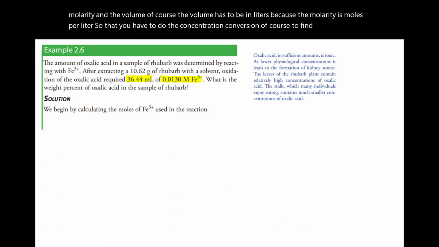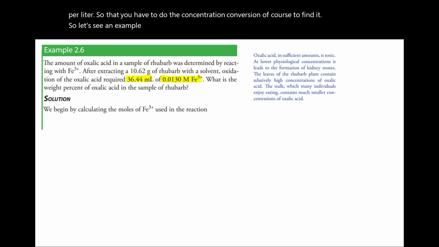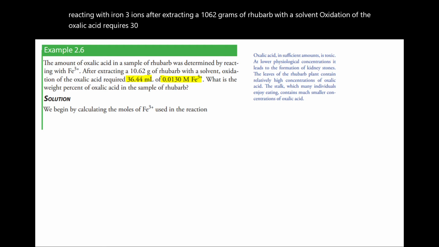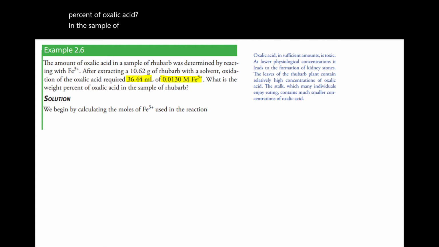So let's see an example here. The amount of oxalic acid in a sample of rhubarb was determined by reacting with iron 3 ions. After extracting 10.62 grams of rhubarb with a solvent, oxidation of the oxalic acid requires 36.44 milliliters of 0.0130 molar iron solution. What is the weight percent of oxalic acid in the sample of rhubarb? So this question is clear, right?